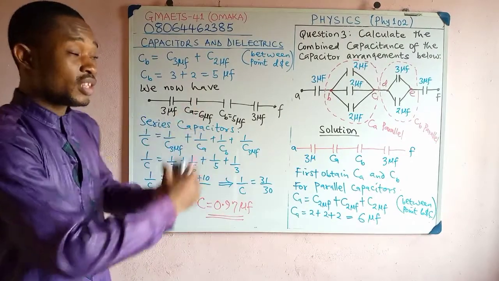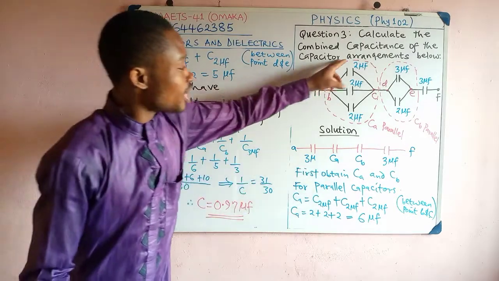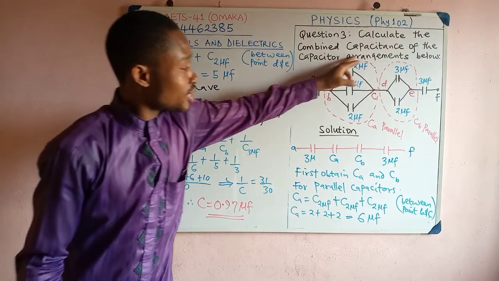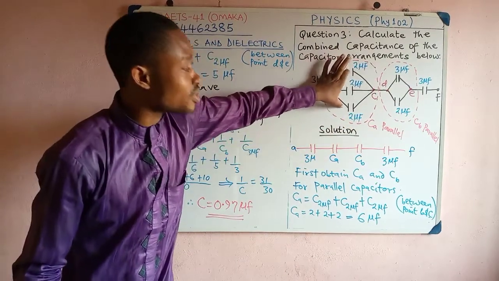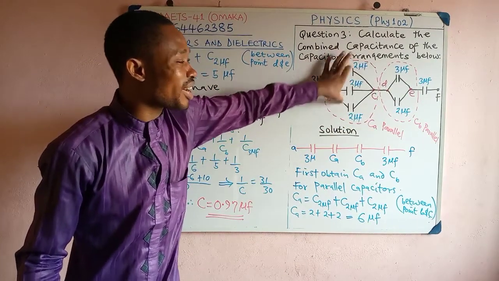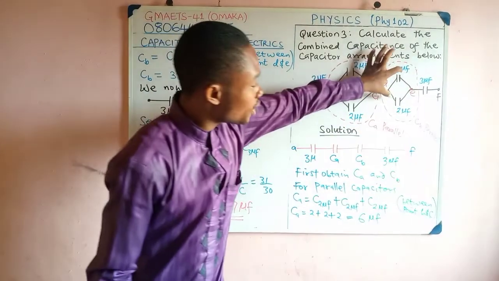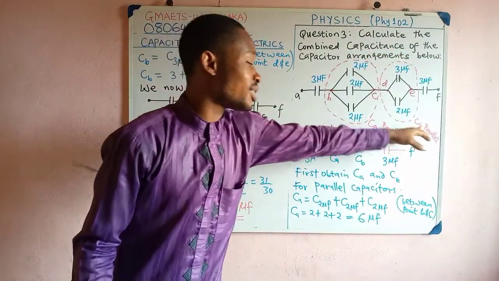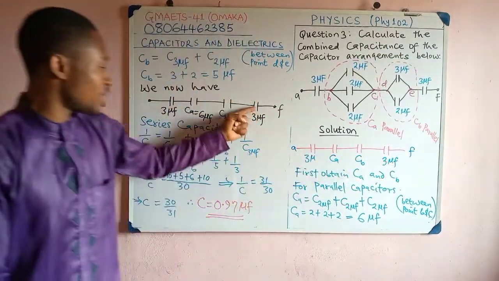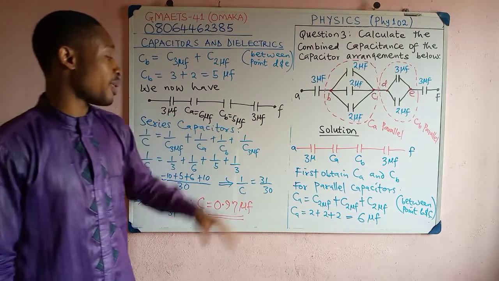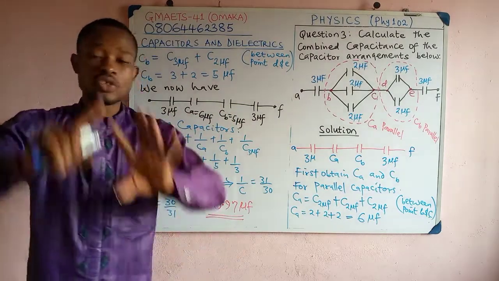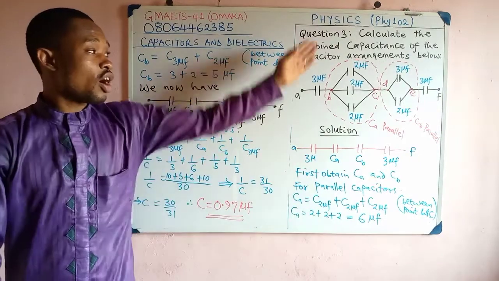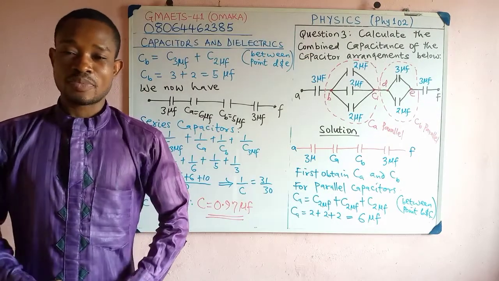Just look at what we did. First of all, we obtained the resultant capacitance for these 3 parallel capacitors. We obtained also for this, which we call CA and CB. You get this series arrangement, then use our series capacitor formula to obtain the overall capacitance of the diagram on the board.